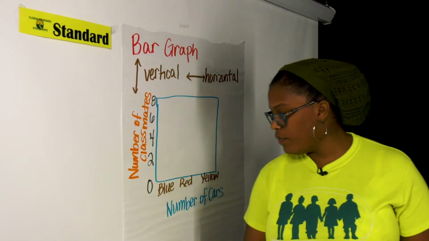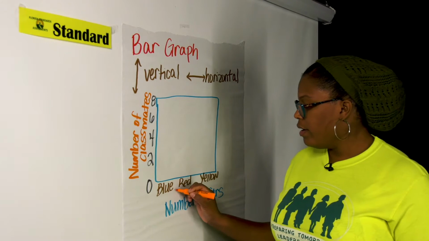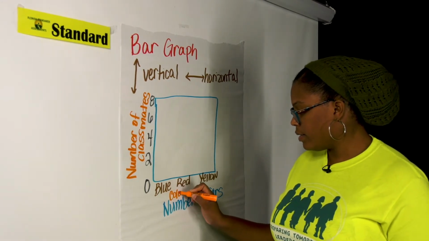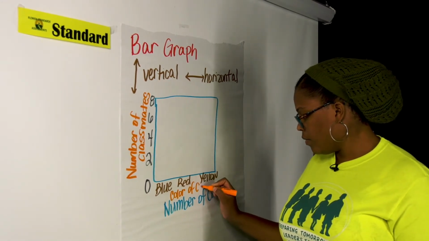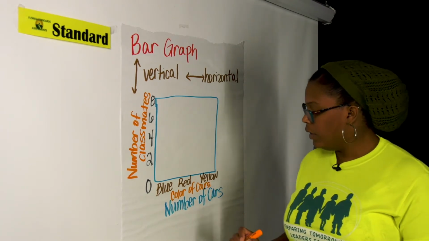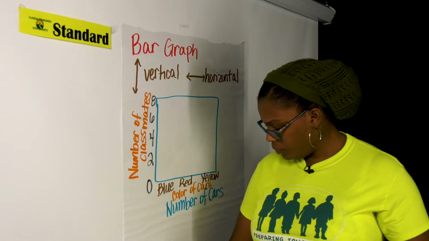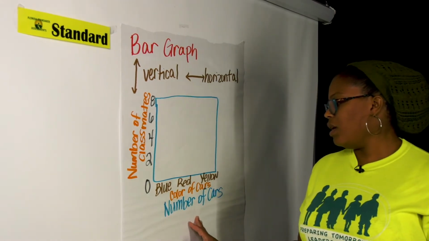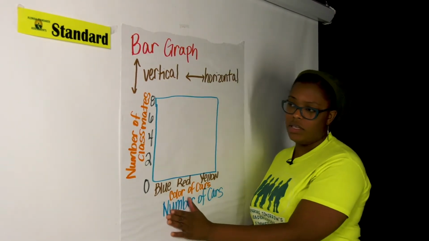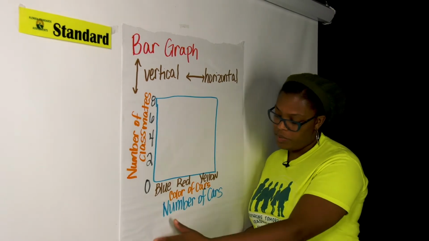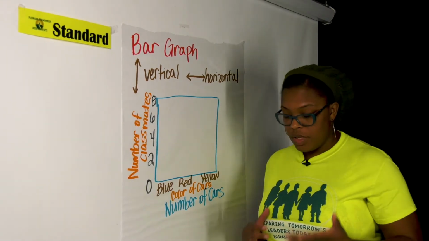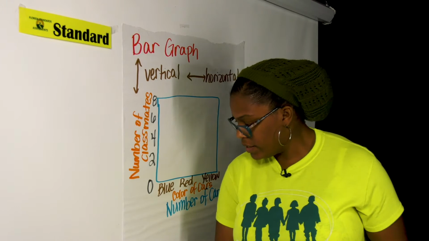So the title for this side would say color of cars. And I'm actually going to rename this. Okay, and you can rename this. This bar graph could actually be renamed to toy cars, toy cars of our classmates.